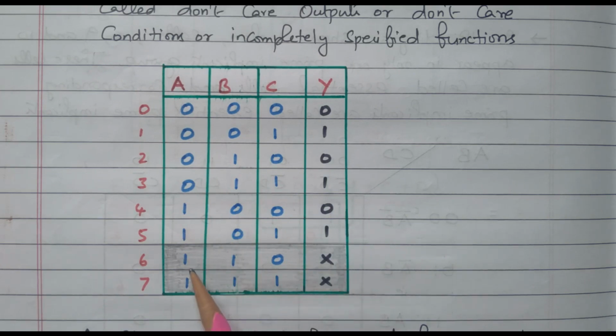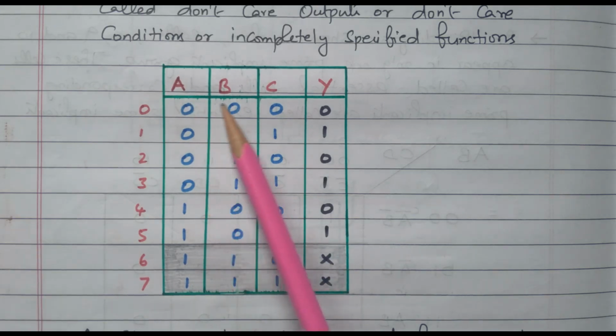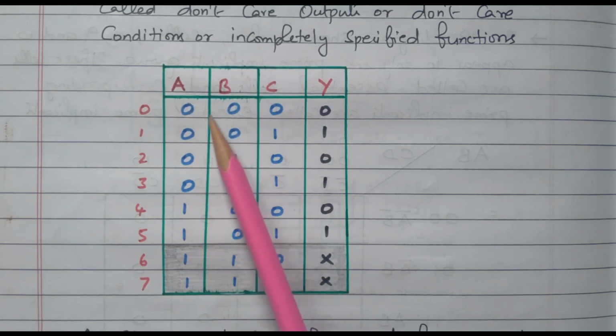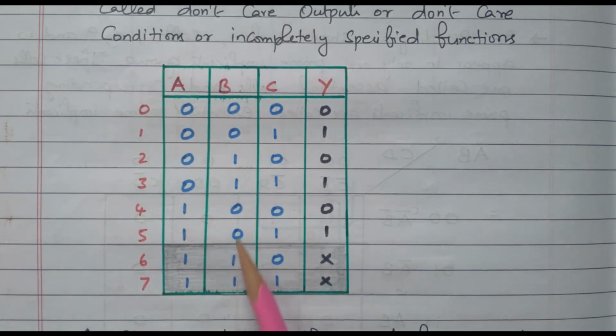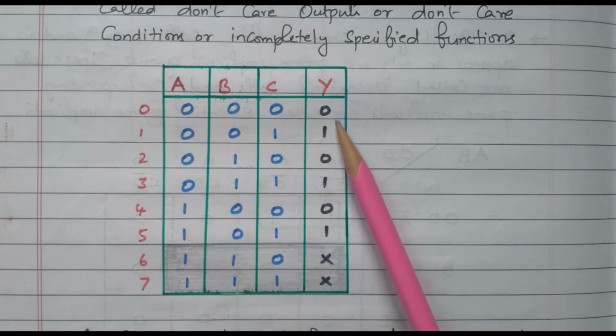But for the 7th output, 1, 1, 0, it is not given. Similarly, 1, 1, 1 is also not given. It may be either 0 or 1, so it is indicated by X. Due to 3 inputs there are 8 combinations. In the first 6 combinations, the outputs are clearly given as 0 or 1.